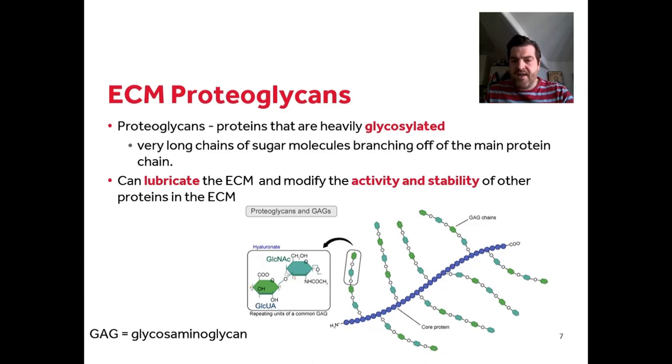Essentially, you have a central protein backbone chain, I'm just going to draw this on here, to which we have long sugar molecules branching off that main protein chain. So that's the glycosylated parts. And these long sugar chains can help to lubricate the layers of the extracellular matrix.